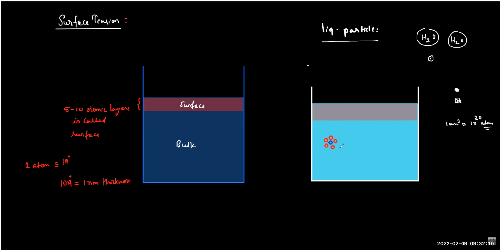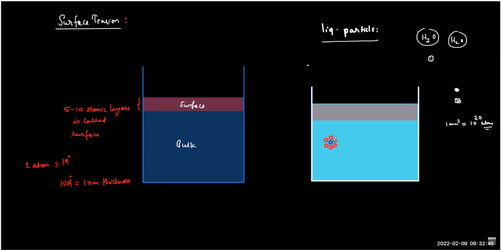This blue particle is just for differentiation. It is surrounded from all sides by these red particles. You can imagine it this way. Maybe I can introduce one more.